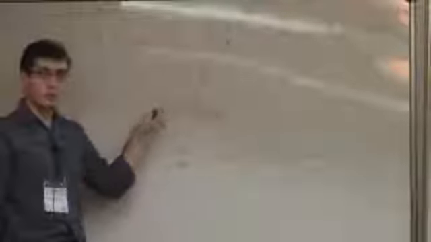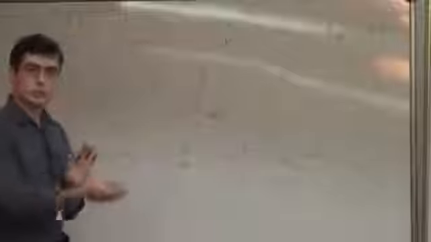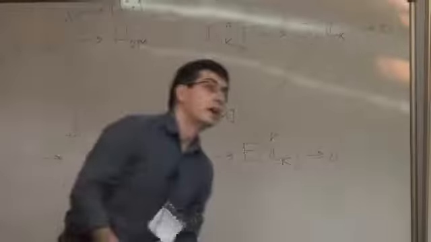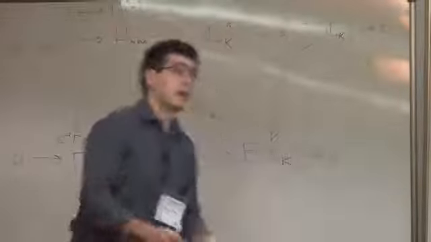You just need this idempotent, and you need it to behave in a certain way with respect to this pairing, and this you can prove from rigid analytic theory, and that is enough actually.